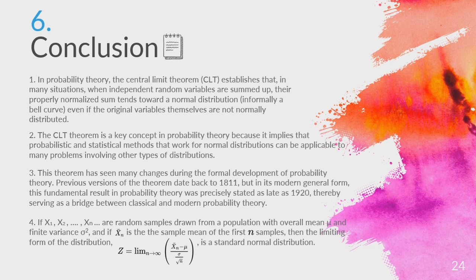Fourthly, if x1, x2, until xn are random samples drawn from a population with overall mean and finite variance, and if x bar is the sample mean of the first n samples, then the limiting form of the distribution is going to be like this. Z-score equals the limit as n approaches infinity of, in parentheses, x bar n subtracted by the mean, divided by the population standard deviation divided by square root n. Well, this formulation is a standard normal distribution.